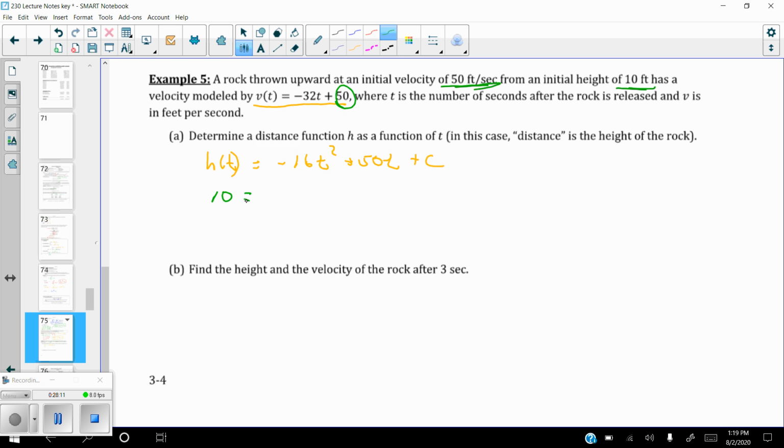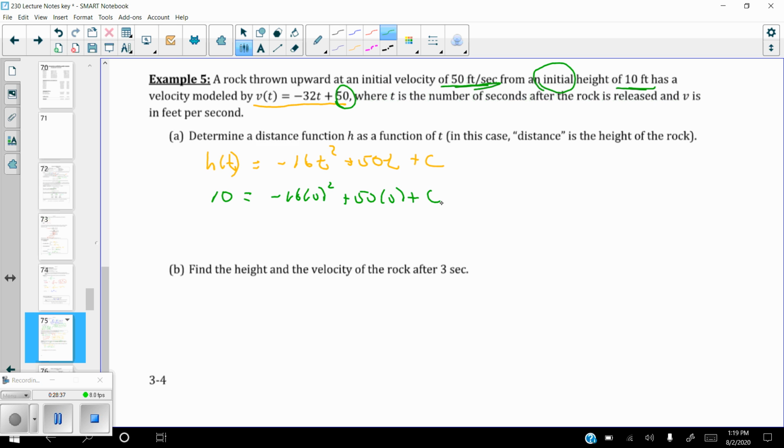The question is, what is time? Well, it does say the initial height, or the initial time. Basically, what that refers to is when time is 0. So when it says the initial, unless it tells you it's a different time, assume that time is 0. So because it says initial, we're going to do negative 16 times 0 squared plus 50 times 0 plus c.